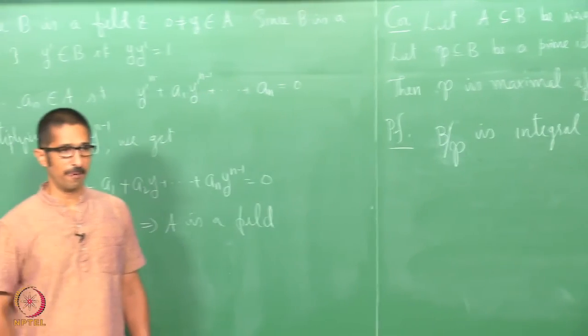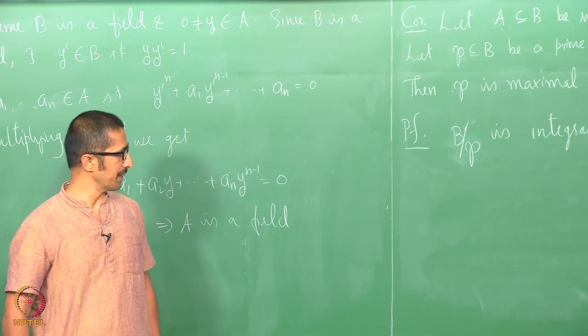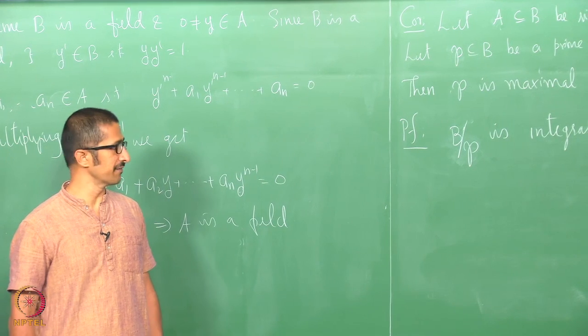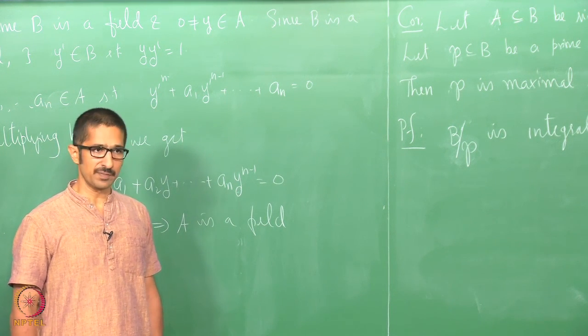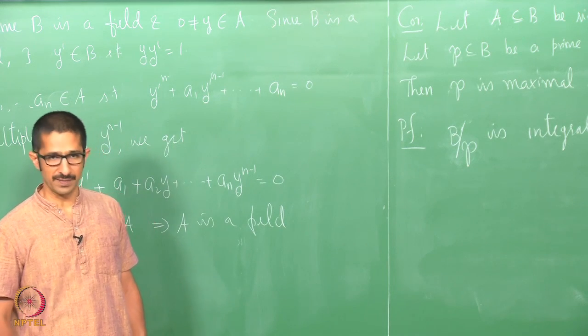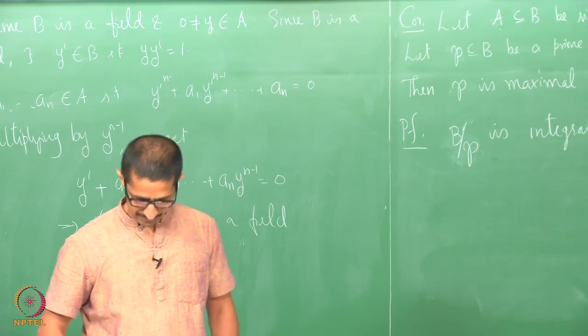So, therefore, B mod P is a field if and only if A mod Q is a field, which is the same as saying P is maximal if and only if Q is maximal. We will continue in the next class.